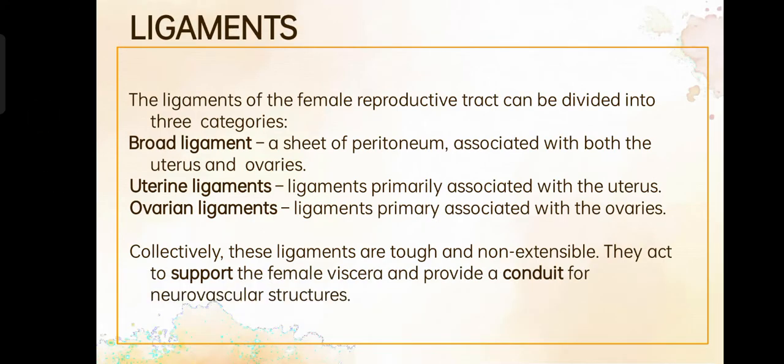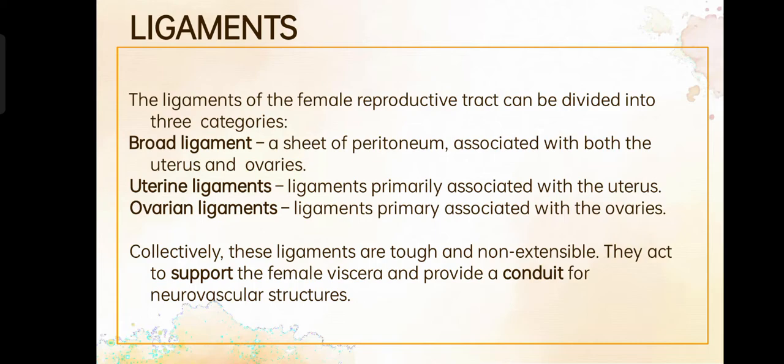The broad ligament is a layer of tissue that connects the side of the uterus to the walls and floor of the pelvis. Ang broad ligament is nagaka-cover siya sa uterus, sa ovaries, ug sa fallopian tubes. It also includes the nerves and blood vessels to these organs.